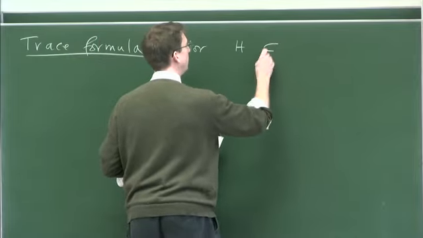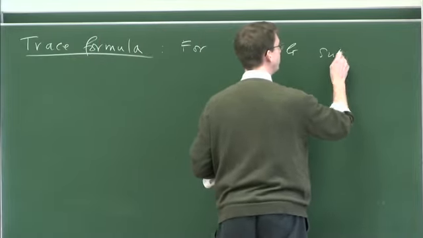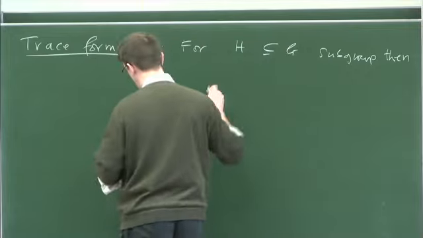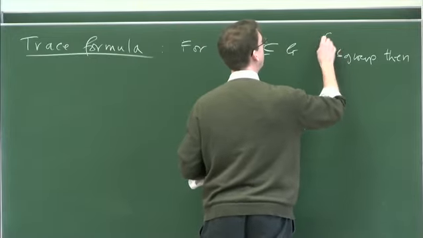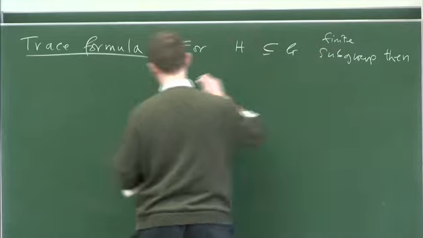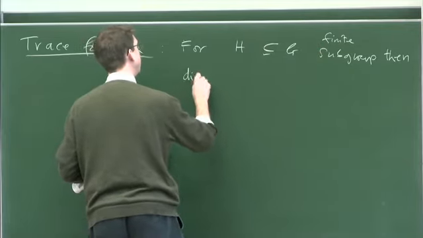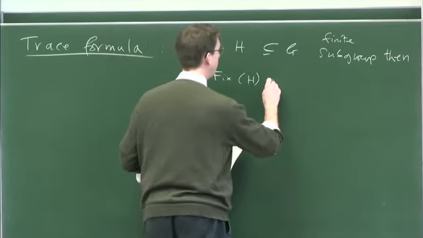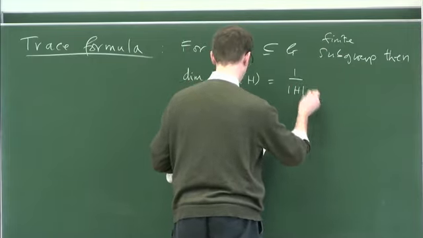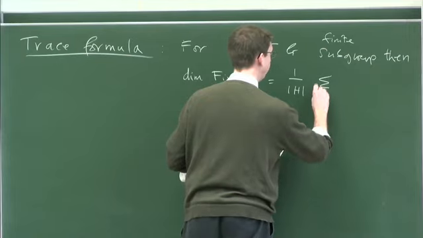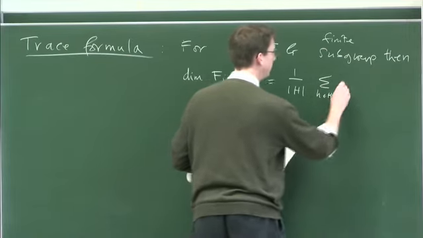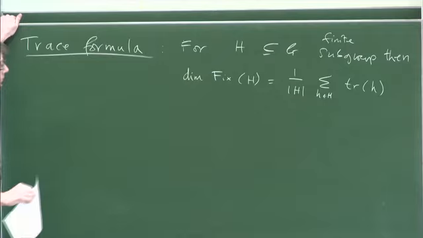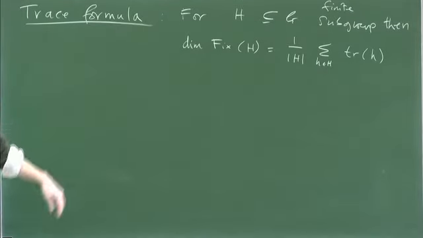So if H is a subgroup of G, and I'm thinking about actually a finite subgroup, the dimension of the fixed point space of H is 1 over the order of H times the sum over elements little h in capital H of the trace of the matrix representing the element little h.